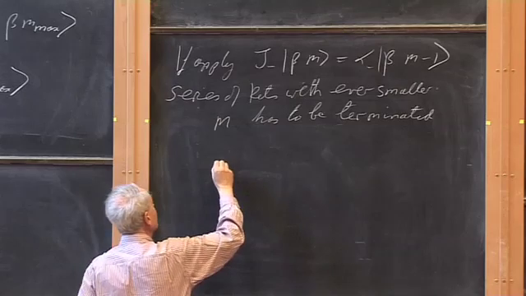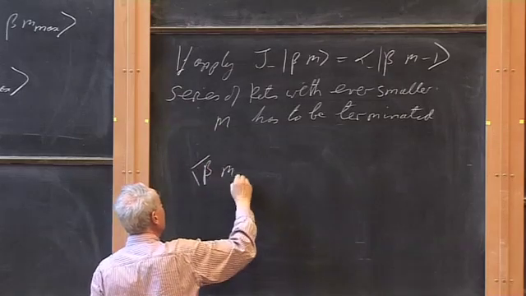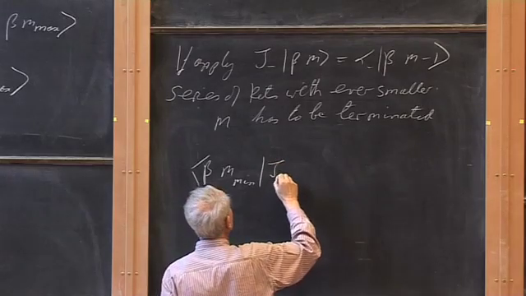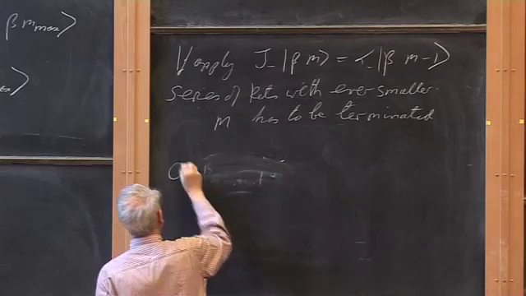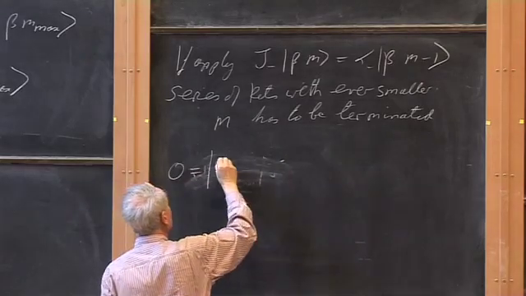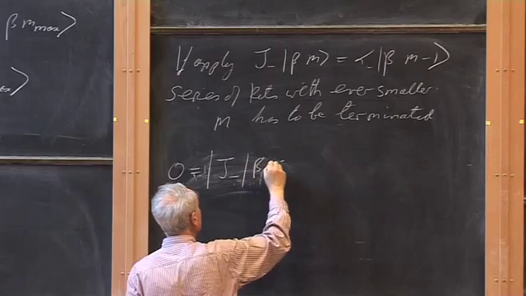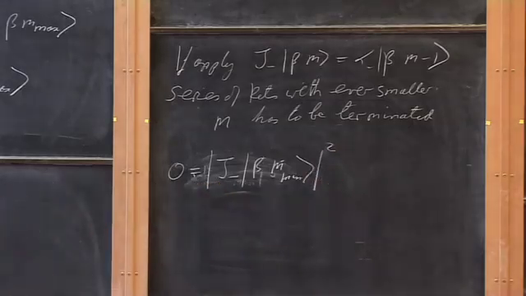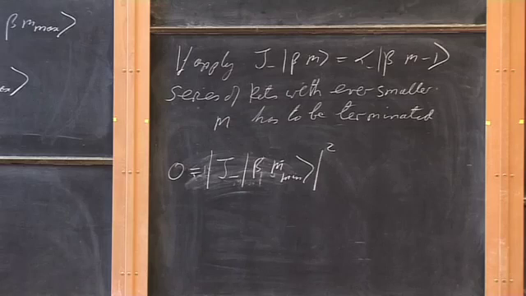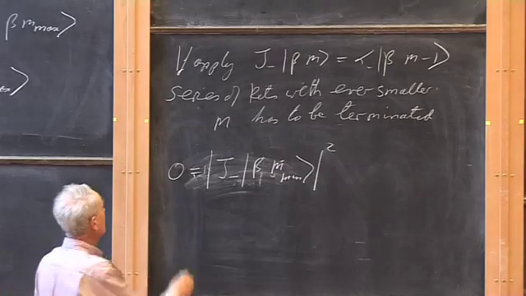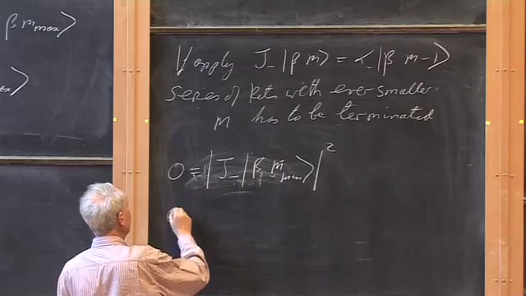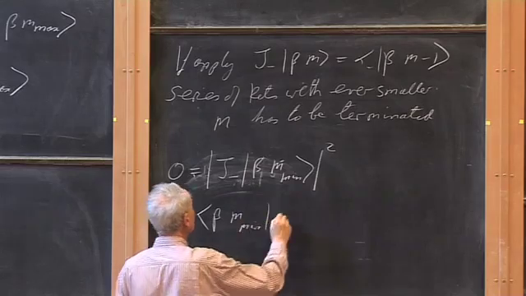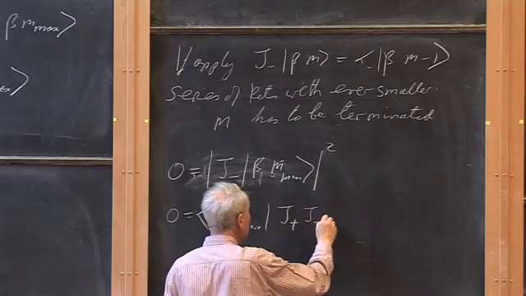So we're going to have that nothing has to equal the mod square of J minus applied to beta M min. And when we expand that out, other things happen here. In other words, nothing is going to be beta M min J plus J minus beta M min.